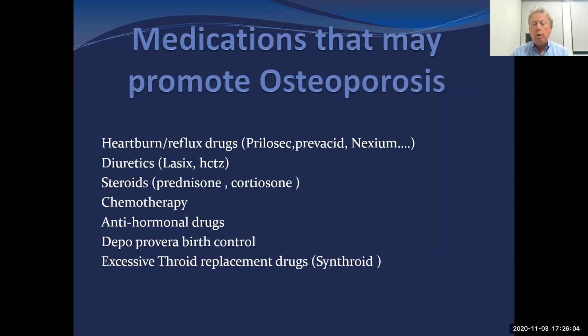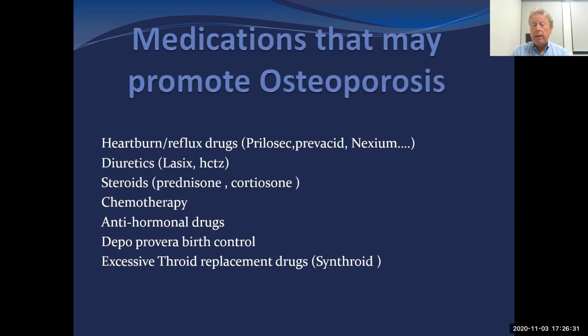Chemotherapy, anti-hormonal drugs. So some of the anti-hormonal drugs, such as in prostate cancer, things like Lupron, and raloxifene in breast cancer and things like that, tamoxifen can also promote osteoporosis. Some of the birth control pills that suppress estrogens can also do that.